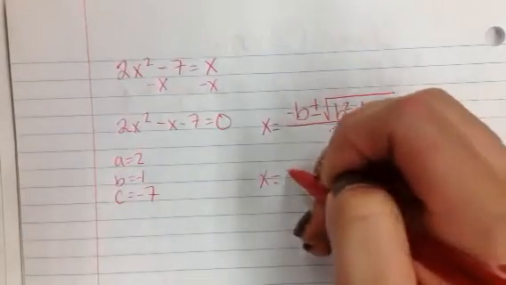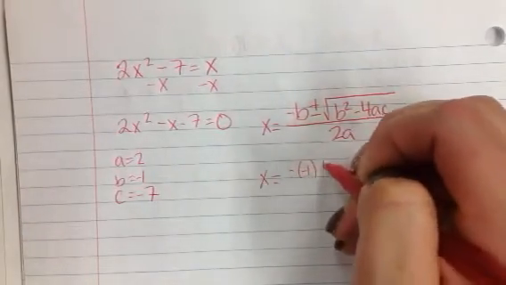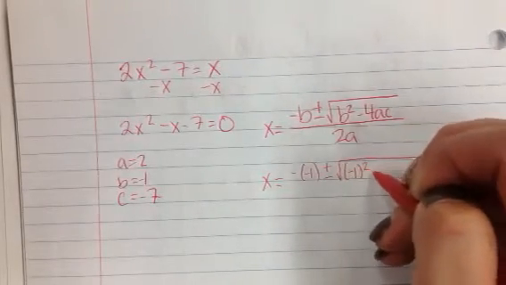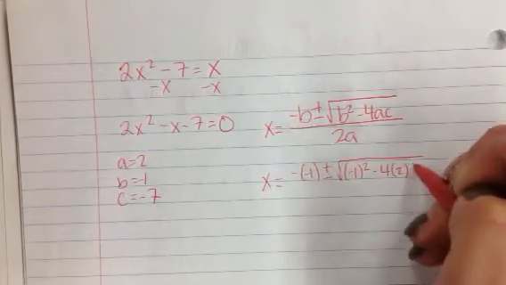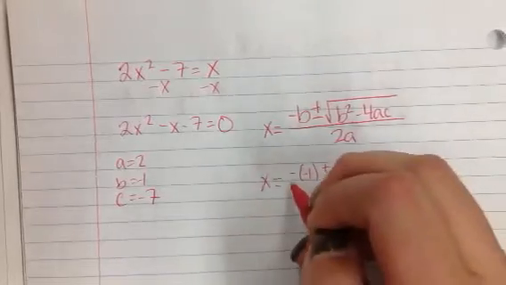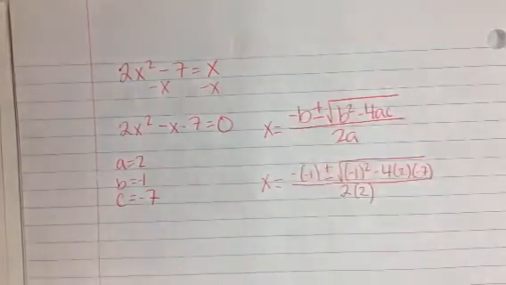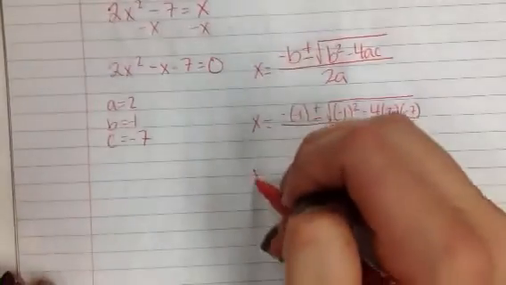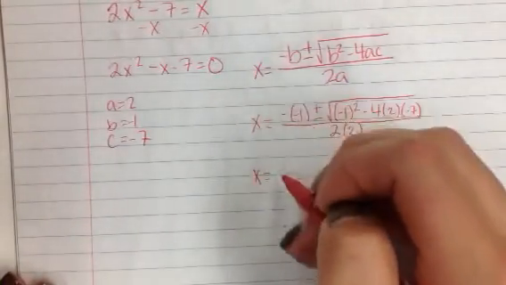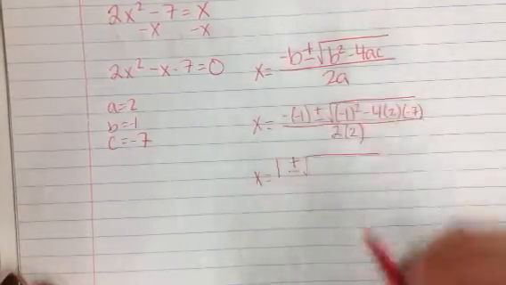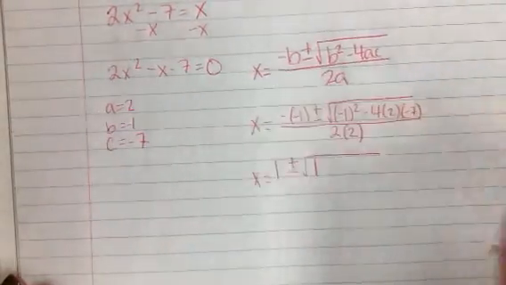X equals negative negative 1 plus or minus the square root of negative 1 squared minus 4 times 2 times negative 7, all over 2 times 2. So I get x equals negative negative 1 is positive 1 plus or minus the square root. 1 squared is 1.